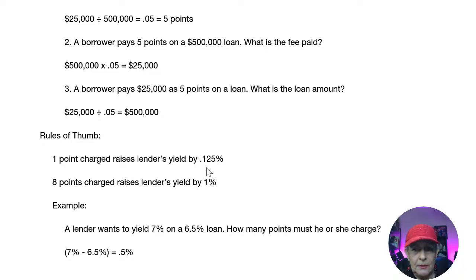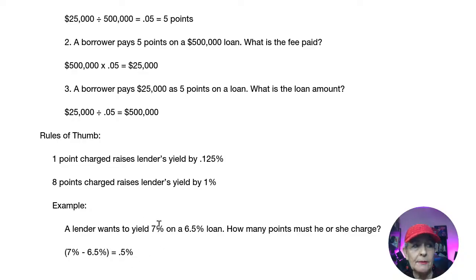That was a given. 0.125 is equivalent to 1 point. But he wants to raise his yield by 0.5%, so how do we get from 0.125, which is 1 point, to 0.5%?